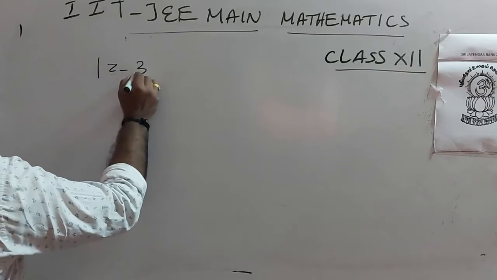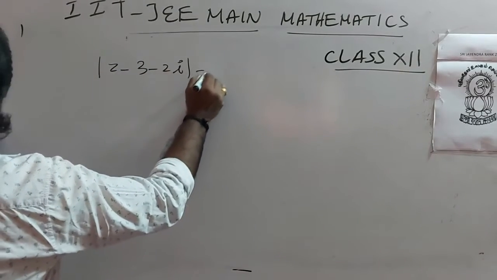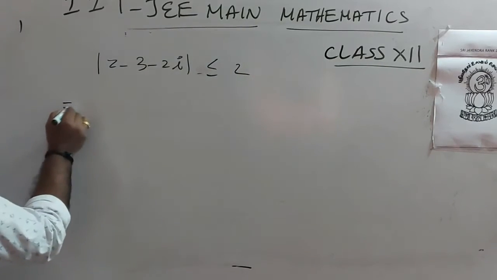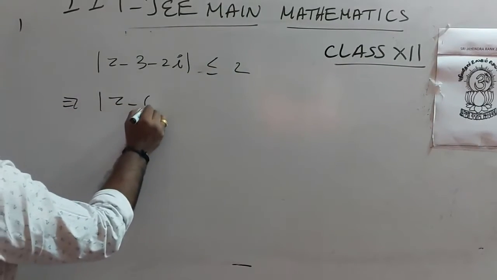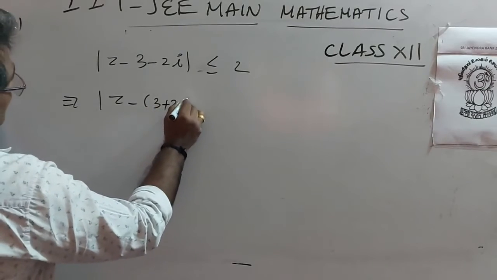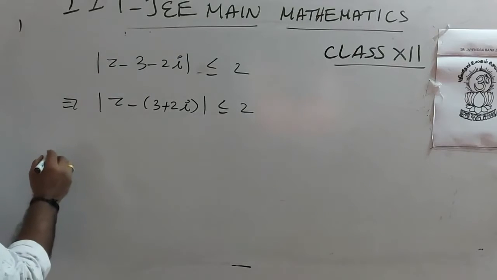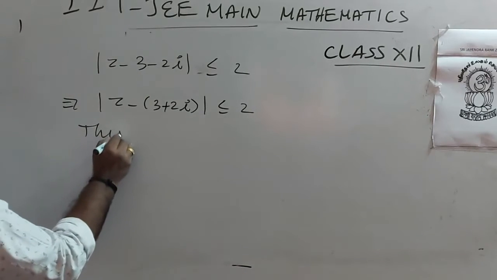Given |z − 3 − 2i| ≤ |z − (3 + 2i)| ≤ 2.